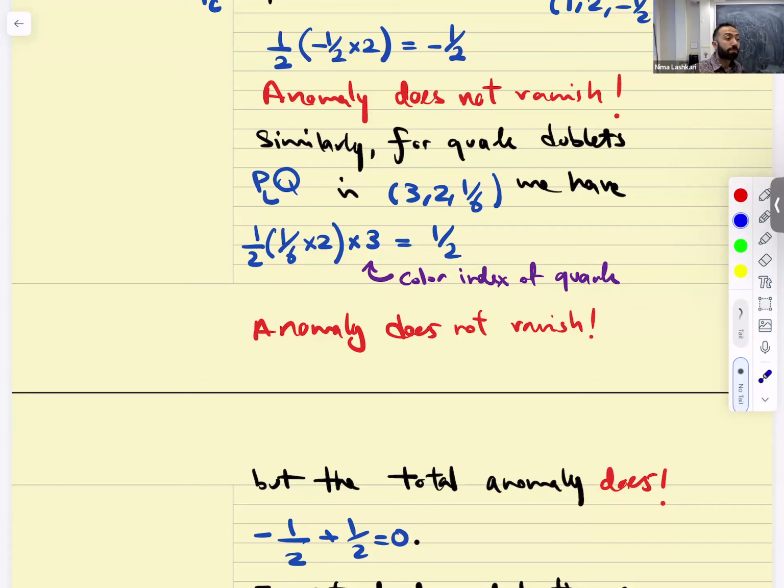Yeah. So historically, did the standard model come first and then they checked the anomaly, or did they design the standard model to be anomaly free? No, I don't know actually. I wasn't around back then, but I think anomaly calculations were later. I don't know the history of it really, but people started understanding anomalies really well in the late 70s, early 80s.